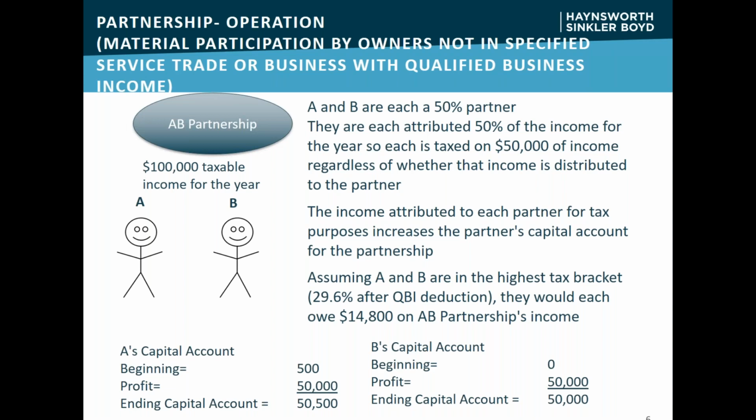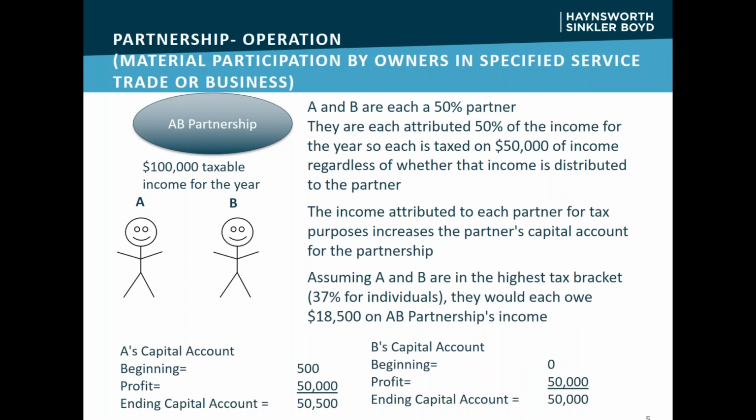So here we have the $100,000 worth of taxable income that is attributed $50,000 to each of A and B. So if A and B are in the highest tax bracket, applying that 29.6% rate after the QBI deduction, they each owe $14,800 on the partnership's income, as opposed to in the previous slide where we saw the $18,500 tax on AB's partnership income.